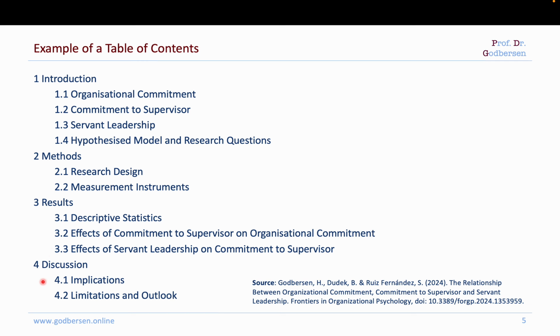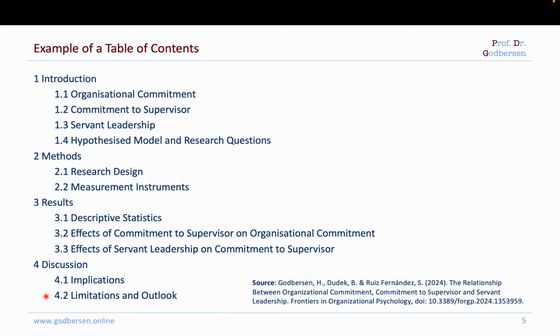In the discussion, we explained why we could find this effect and not another, gave the implications, stating what it means for academia and for the real world, and finally gave limitations of our research and suggested academic avenues that should be pursued in the future.